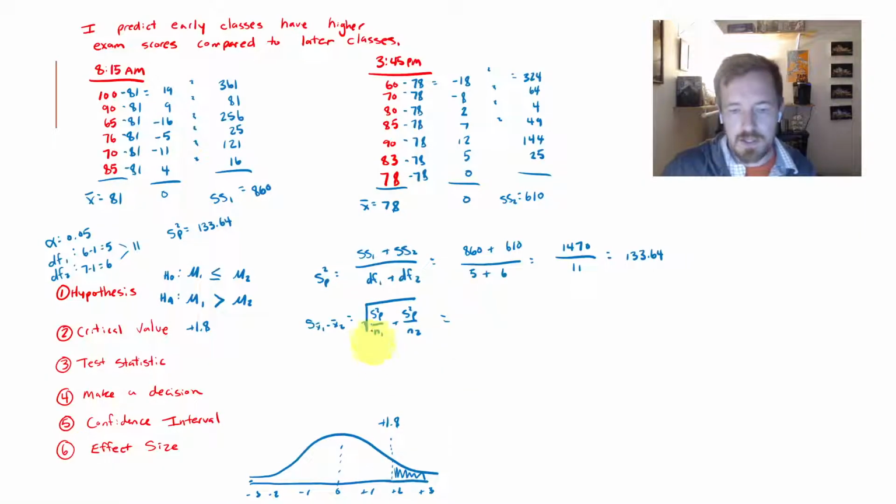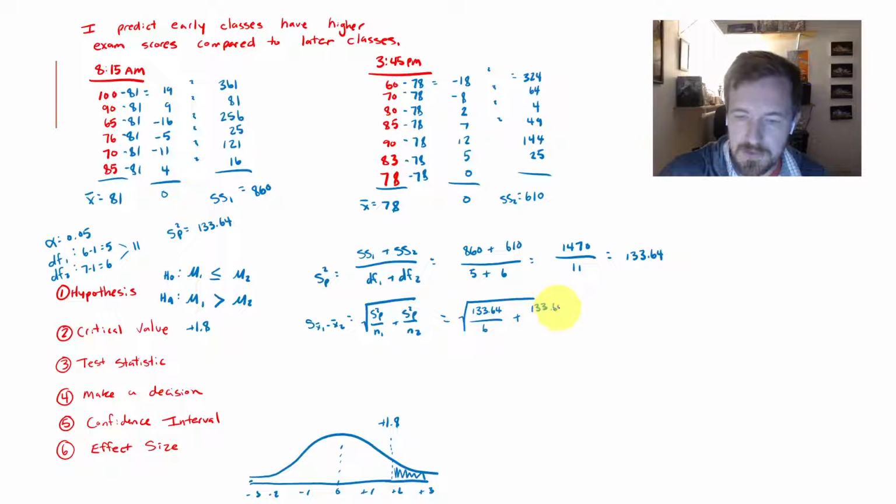Yep, that's correct. So I have all these values. I can plug those in. So it's going to be the square root of 133.64 divided by the n of group 1, which is 6, plus the same thing, 133.64 divided by the sample size of the second group, which is 7.